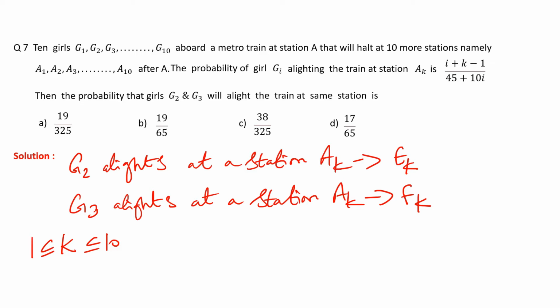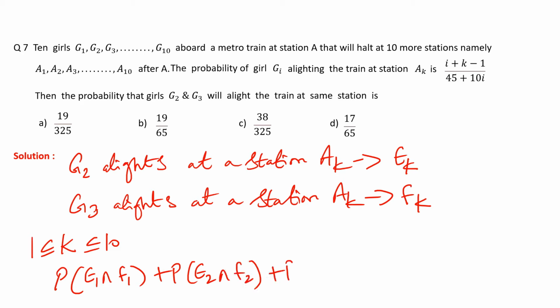Now students, according to the language of the question, we have to find the probability of E1 intersection F1 plus probability of E2 intersection F2 plus probability of E3 intersection F3, and so on till probability of E10 intersection F10.